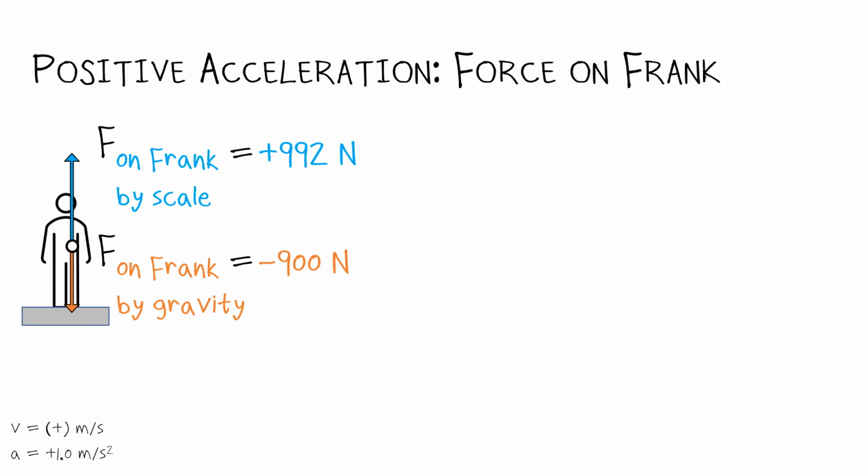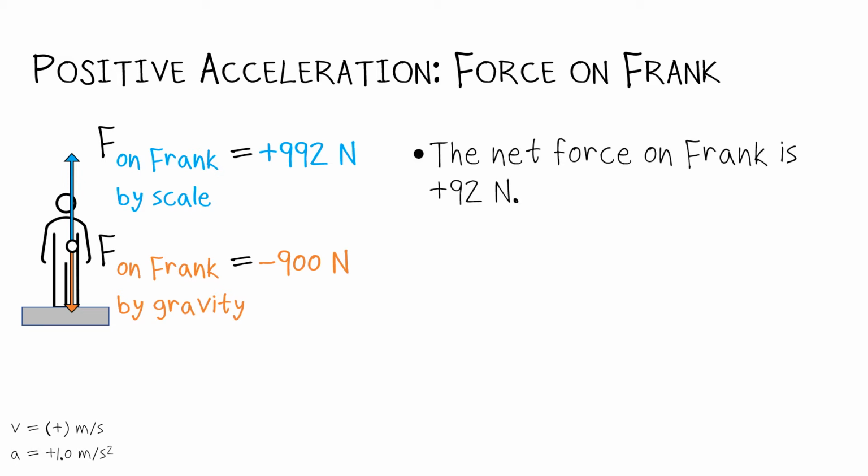If we focus just on the forces acting on Frank, we can see that there's an upward force of 992 newtons. There's a downward force of 900 newtons. So the net force, which is the sum of the forces, is 92 newtons directed upwards, positive 92 newtons.